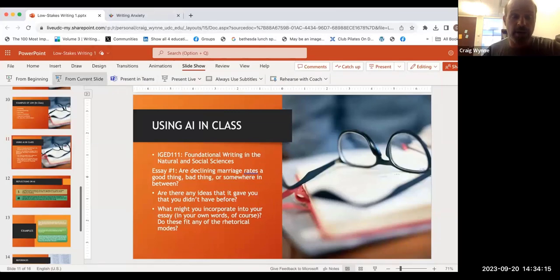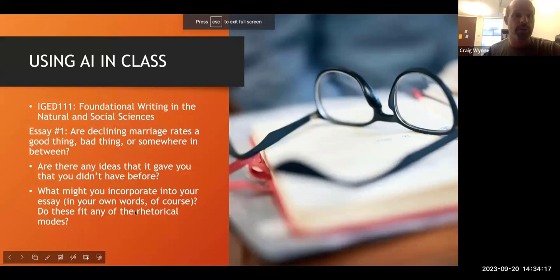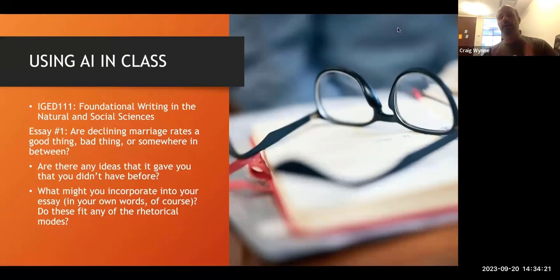Oh, okay. All right. I know this is a very new idea. I can't really talk about low stakes writing without talking about AI, and this is something that I'm learning as I go as well.